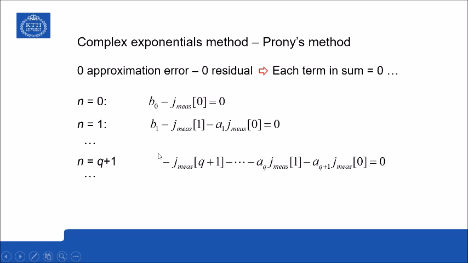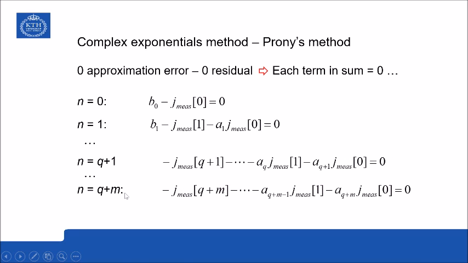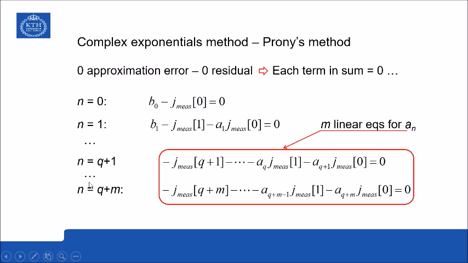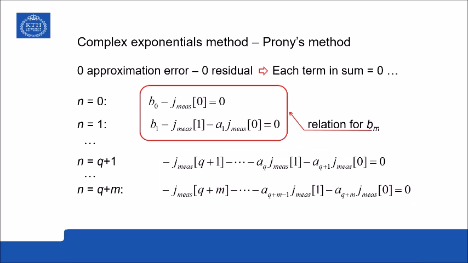So we have nothing here. We have 0 here. And this is the remaining equation. And then we can continue as far as we want. So the equations for n larger than q will give us p linear equations for the an coefficients. And if we use these to determine the an coefficients, we can use the q first equations to determine the b coefficients.